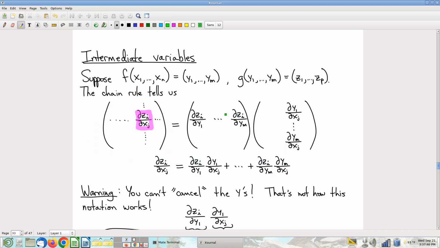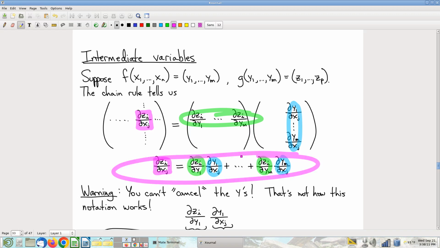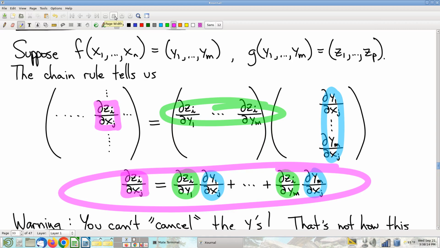I compute that element by matrix multiplication, in particular the corresponding row of the left matrix dotted with the corresponding column of the right matrix. Now you can see that dot product showing up here and how I multiply this out. Just literally do the dot product and you get this right here. So this single partial derivative I'm looking for, you can compute with that one, you might say simpler, formula.